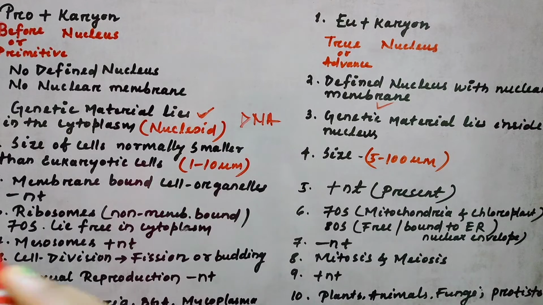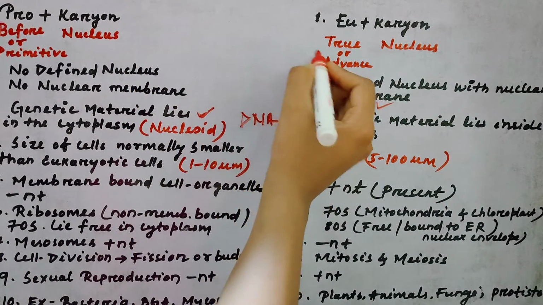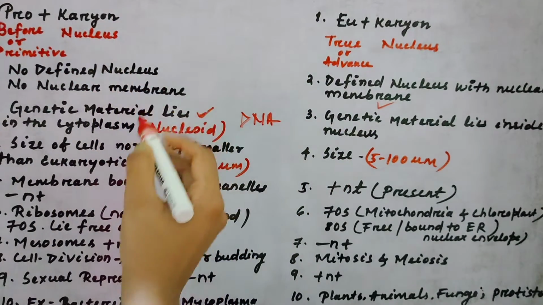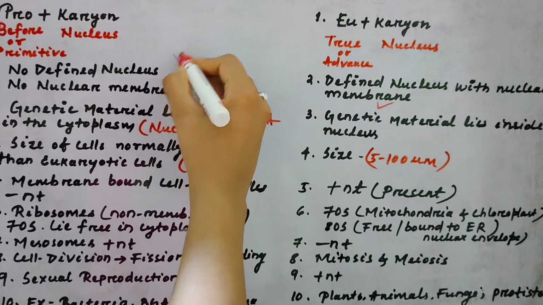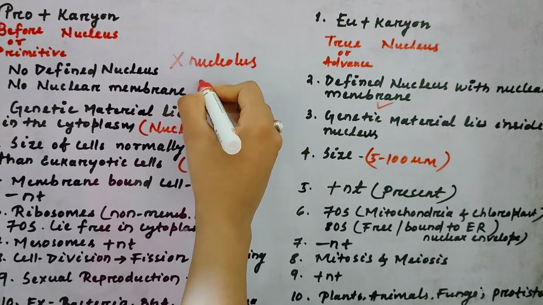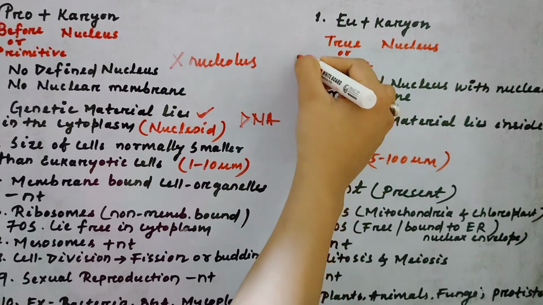Another point I want to add here is that inside the nucleus, the nucleolus is present. As there is no defined nucleus in prokaryotic cells, there is also no nucleolus. Nucleolus is a structure found inside the nucleus, and here the nucleolus is present.